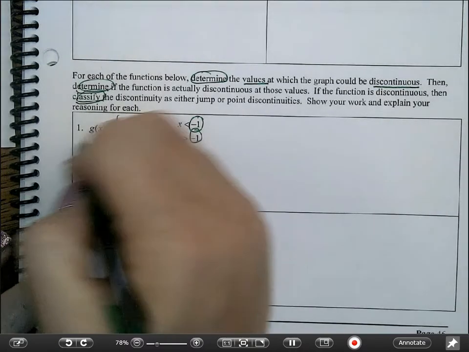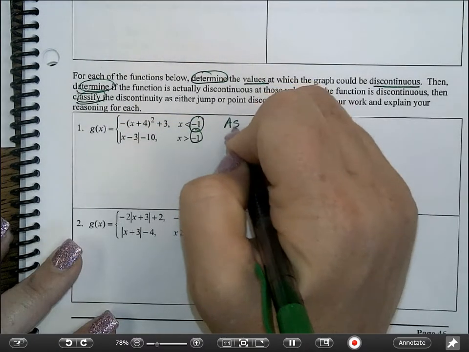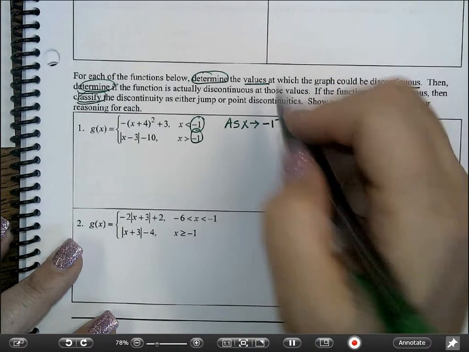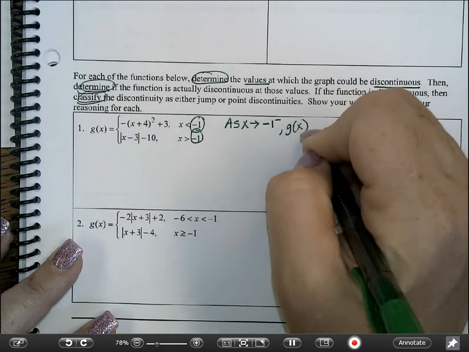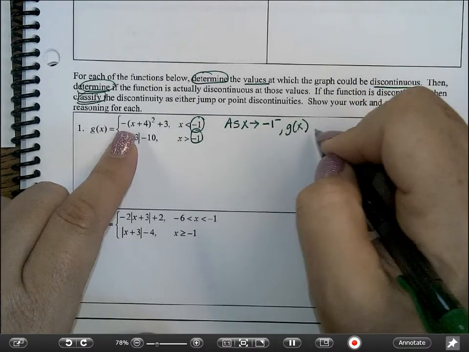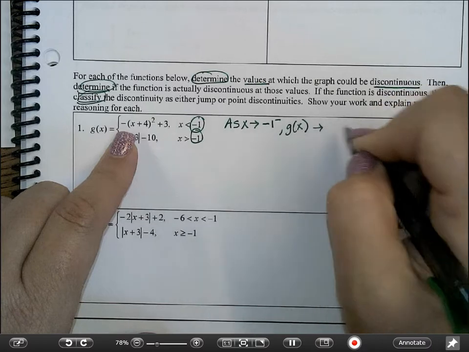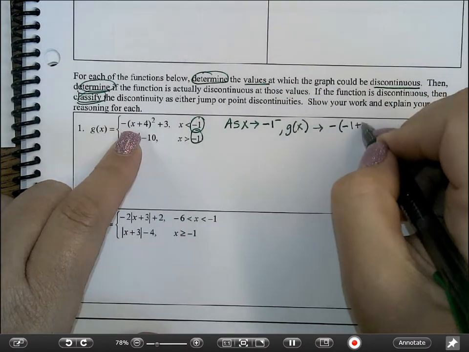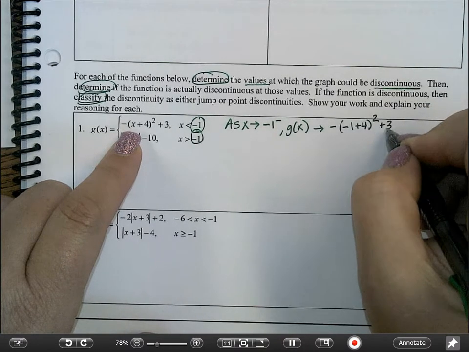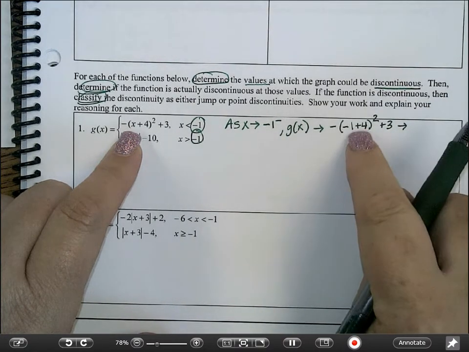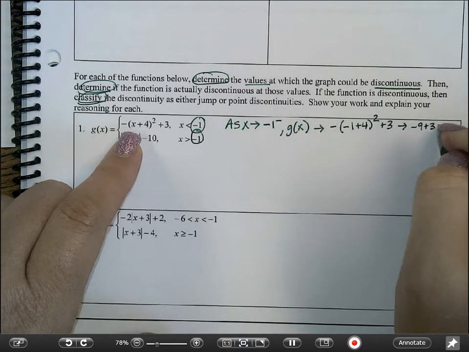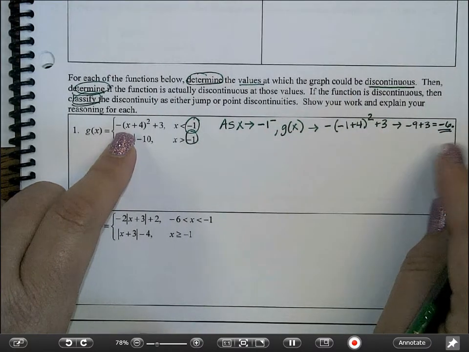We need to see as x approaches -1 from the left, g of x, and we're going to plug it in here. Instead of x, we're replacing it with -1. Negative (-1 plus 4) squared plus 3. That's going to give me 3 squared is 9. Negative 9 plus 3 gives me -6. So I'm focusing on that -6 in just a moment.